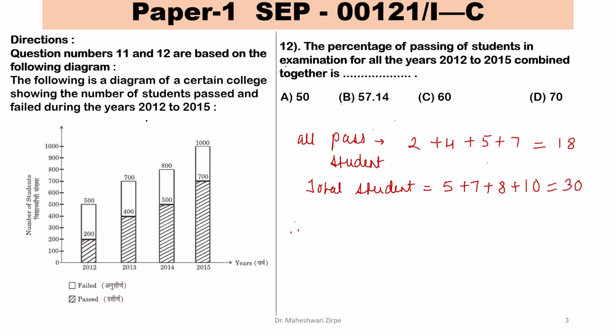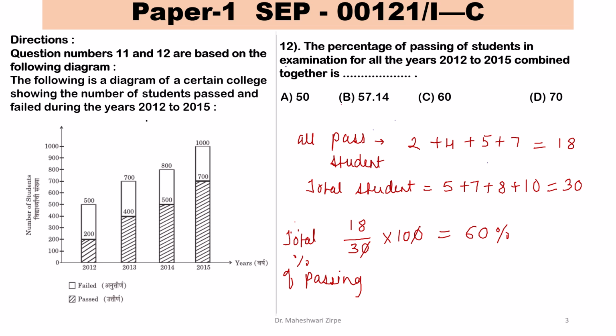So in terms of percentage, it is 18 divided by 30 into 100. If you cut the zeros, 3 sixes are 18, so it will be 60%. Total percentage of passing is how much?